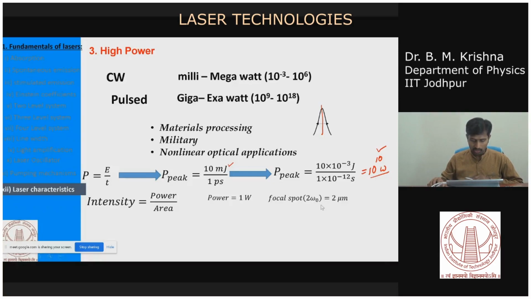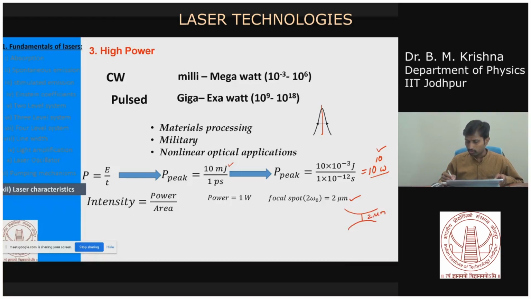Now you can calculate the intensity of the light. That is one of the quantities you generally measure. It is nothing but your power per area. For example, you have 1 watt power, and you are focusing down to 2 micrometers.